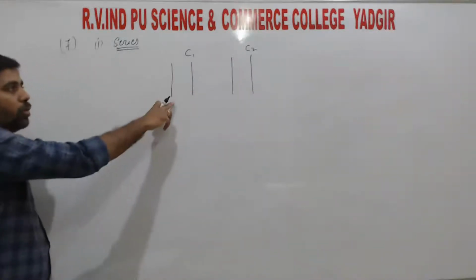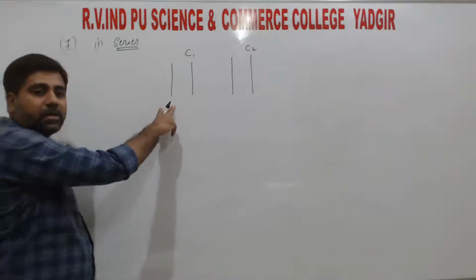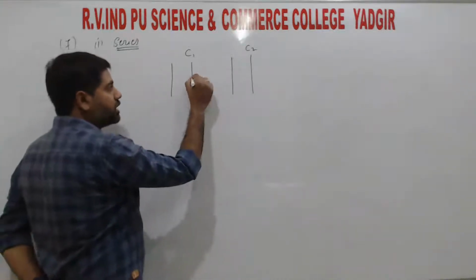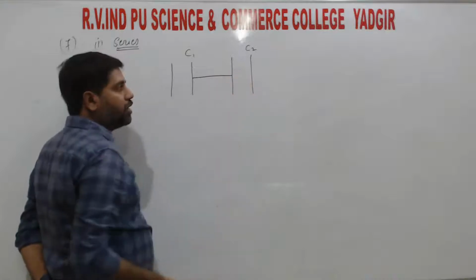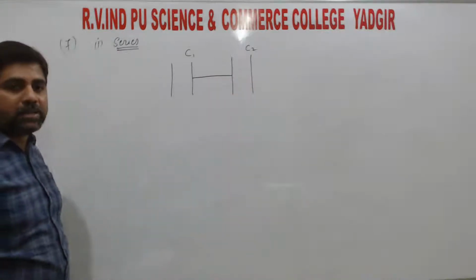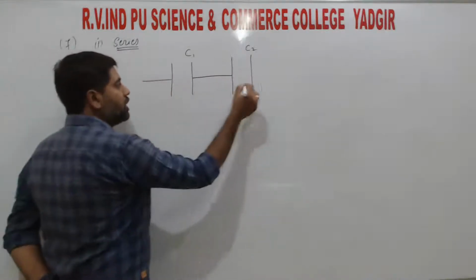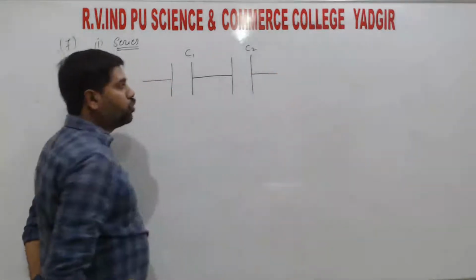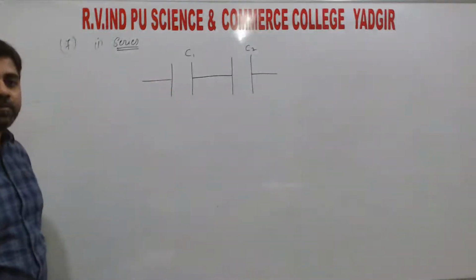These two capacitors are connected in series, so one end of the first capacitor is connected to the other end of the second capacitor. So this is the series combination of two capacitors, right?